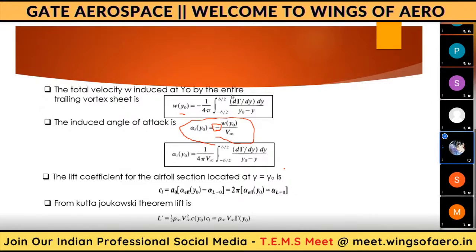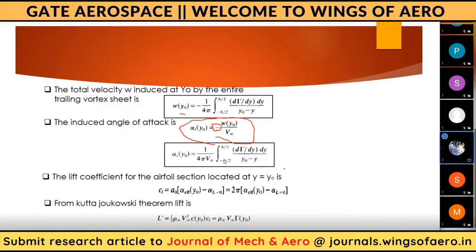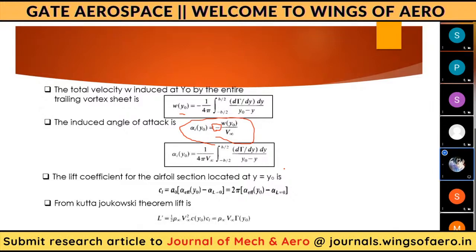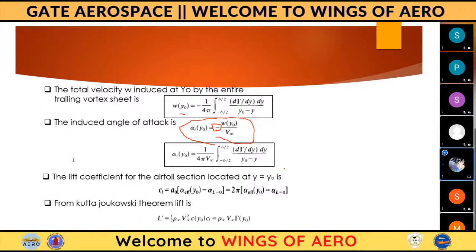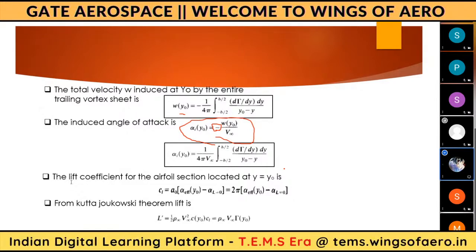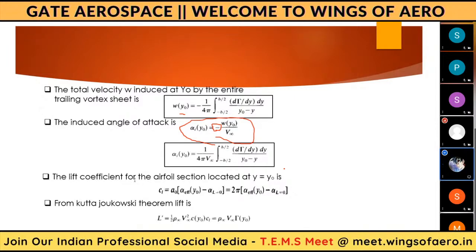We will be solving some problems for induced drag. They are also asking some questions on the zero lift line. Then the moment coefficients, lift coefficients, pitching moment coefficient, they will be confusing us with a pitching moment coefficient about some point. It is the same thing, moment coefficient about some point, maybe the leading edge, or maybe the trailing edge.